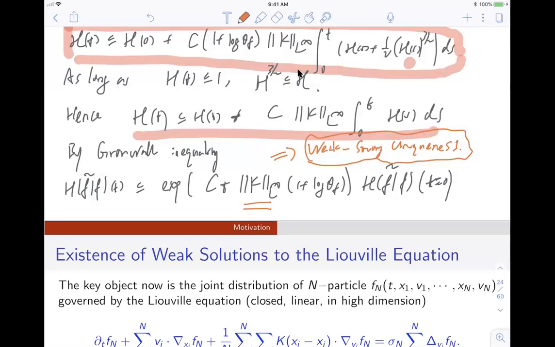For the smooth solution, you should be able to take derivatives, and the derivative in the velocity direction is exponentially integrable. You can in particular check that if f is Gaussian, like a Maxwellian, this is true. So you can find lambda f such that theta f is finite.